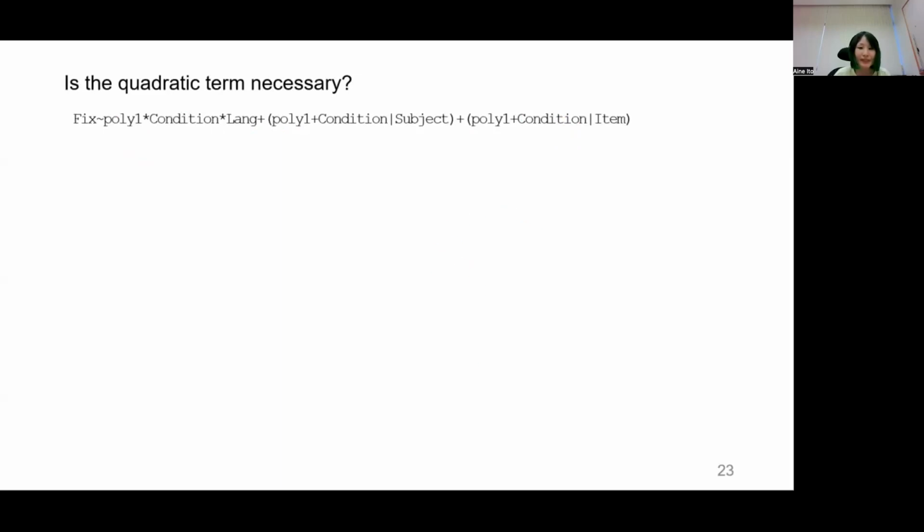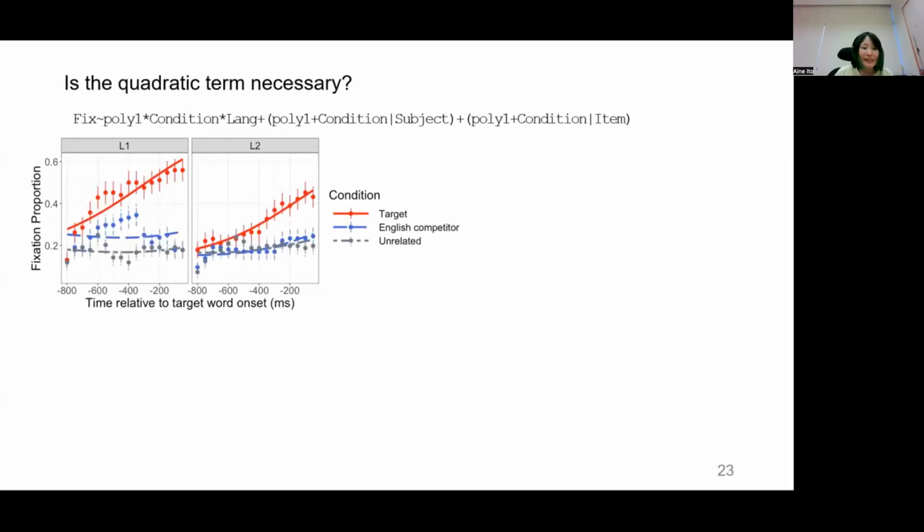If we run this, the model fit looks like this. What you can probably notice immediately is that, especially for the L1 speakers data, the means, these dots, are often off the model fit line, right? Not so much for the L2 speakers data, but this seems problematic for the L1 speakers data.